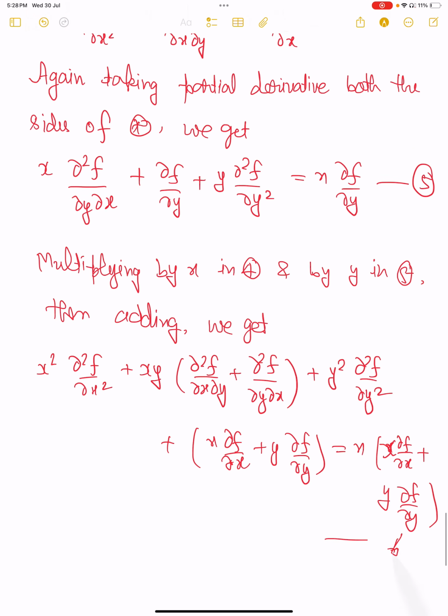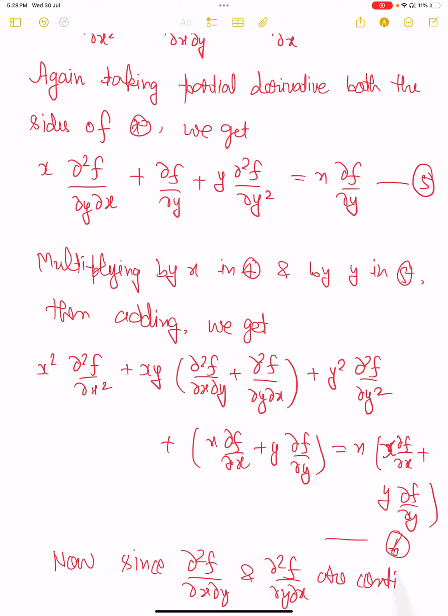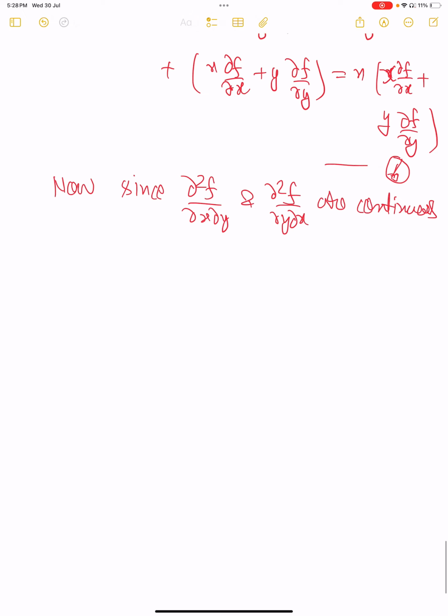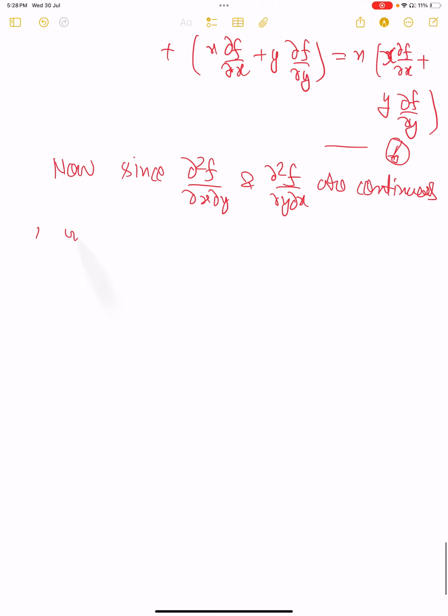Let's say this equation is 6. Now, since del 2f del x del y and del 2f del y del x are continuous, because the statement of the theorem says the second order partial derivatives are continuous, we get both are equal.